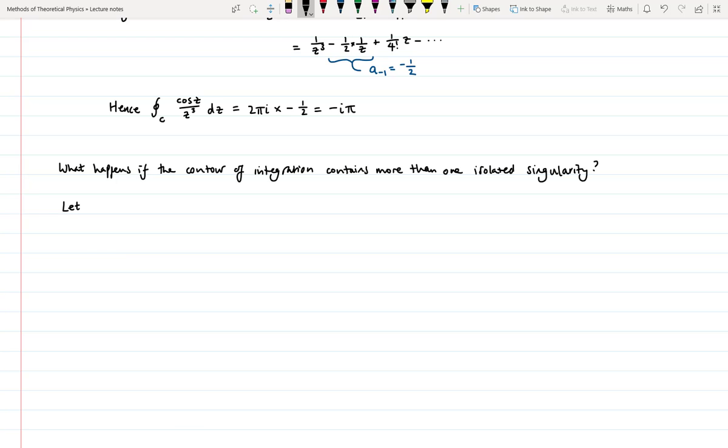So let's imagine we have some function that has isolated singularities at 2 points, z0 and z1. We want to calculate the integral of our function around a contour enclosing those points.